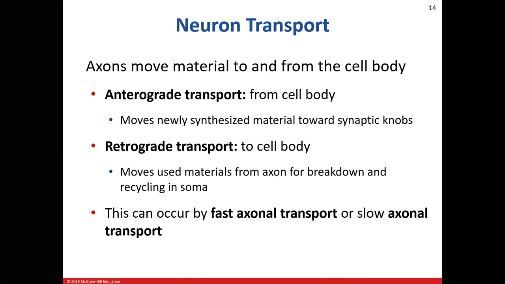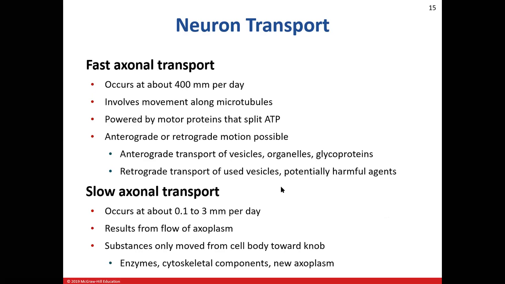And this can occur by fast axonal transport or slow axonal transport. Obviously, fast is going to be at a higher rate of speed as compared to slow. Fast axonal transport is going to occur at about 400 millimeters per day. So understand, it's still not very fast.